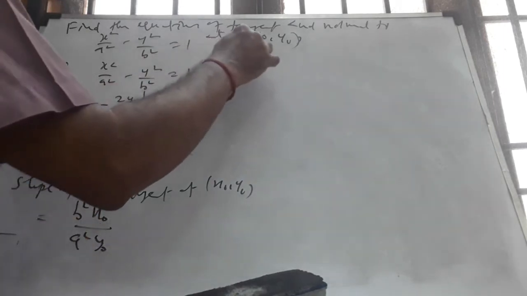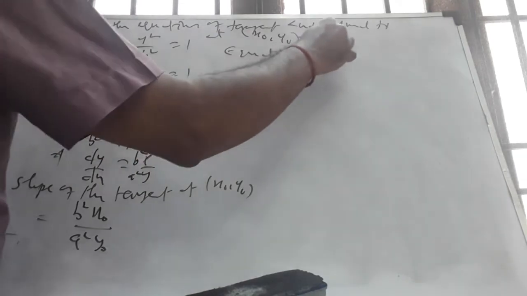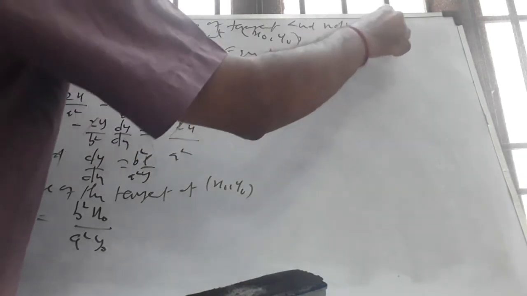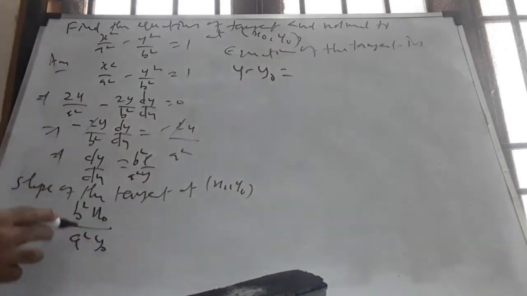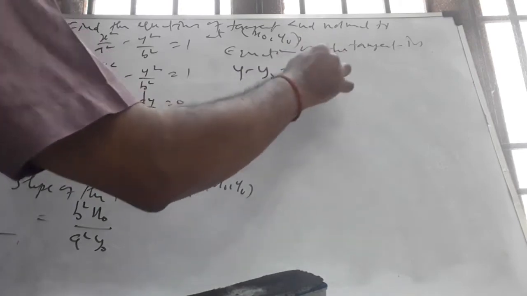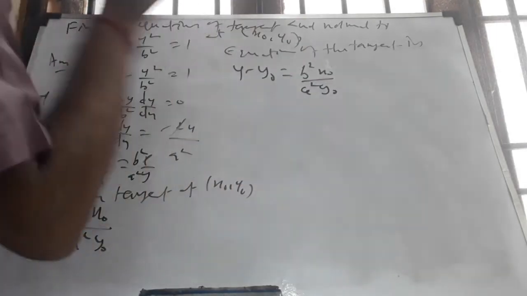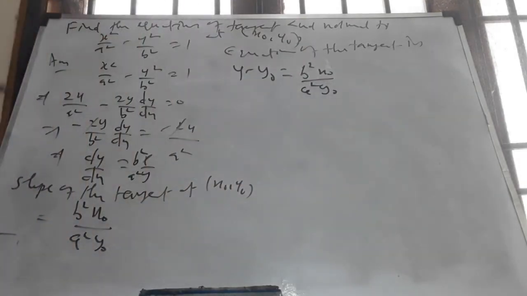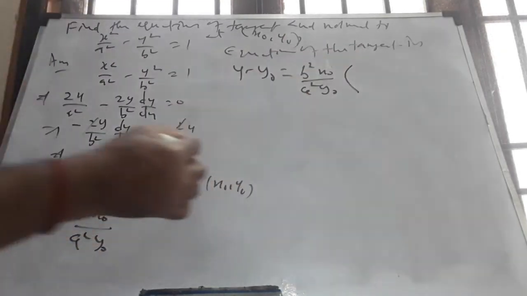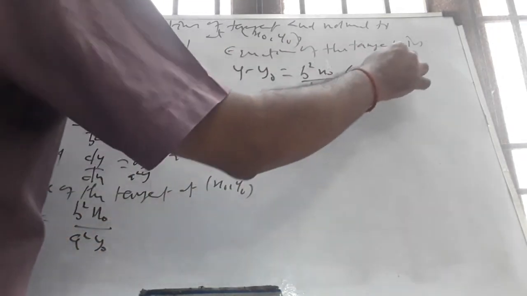Now the equation of the tangent is, what do I get? y minus y naught is equal to b square x naught divided by a square y naught, into x minus x naught.